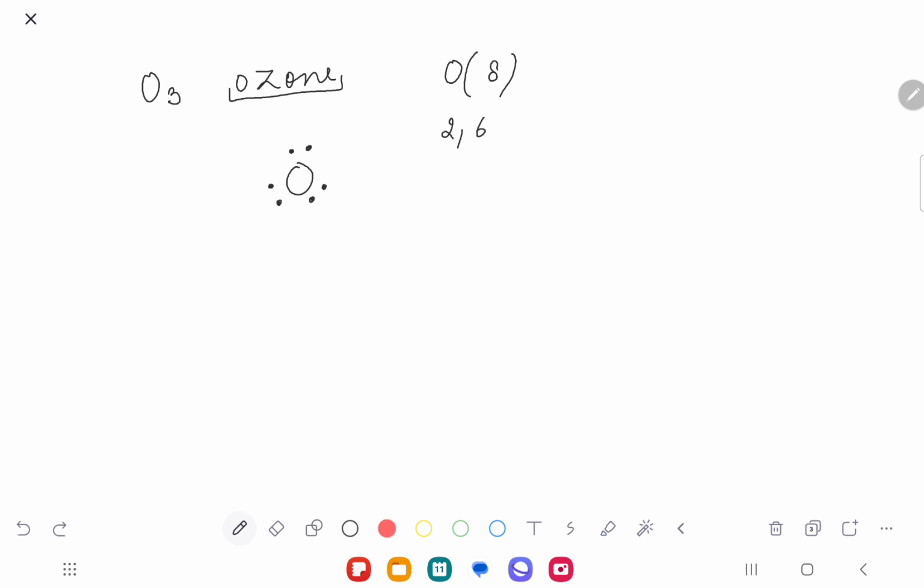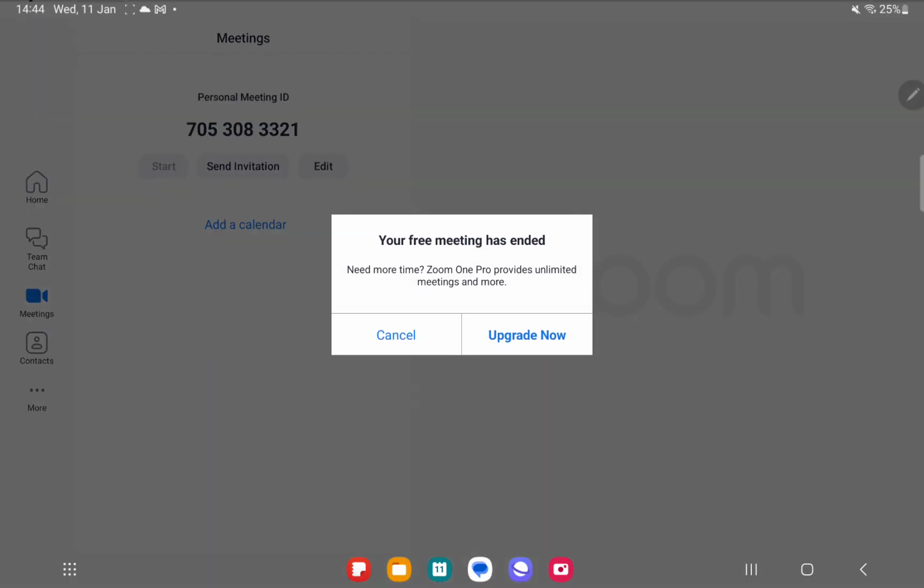If I have another red oxygen, we have 1, 2, 3, 4, 5, 6, because oxygen's atomic number is 8, so the configuration is 2, 6. Yes or no? And there is this another red oxygen, so we will have 1, 2, 3, 4, 5, 6.